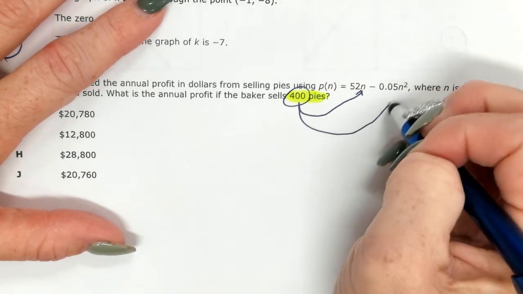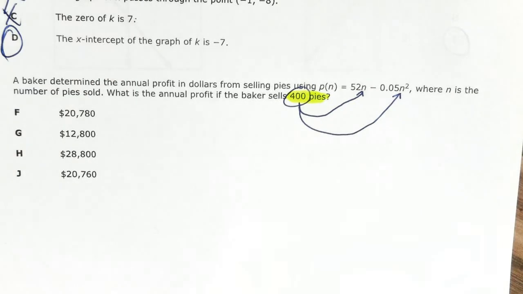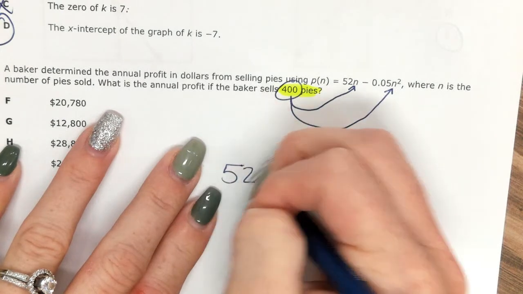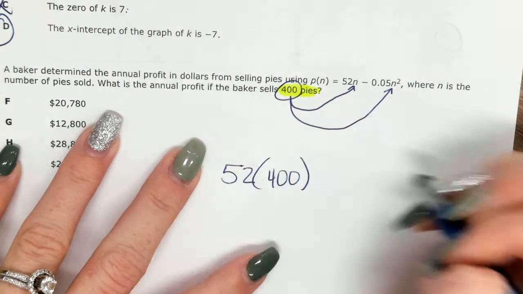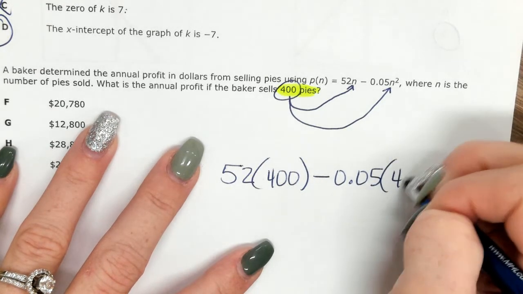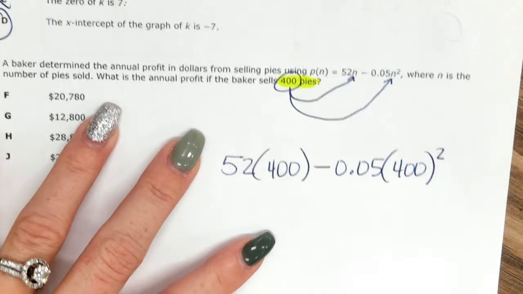Both n's. Now, could I have used my y equals button? Yeah, but I would have had to scroll down all the way to 400, so I didn't want to do that. So I simply plugged in 52 times 400 minus 0.05 times 400 squared.